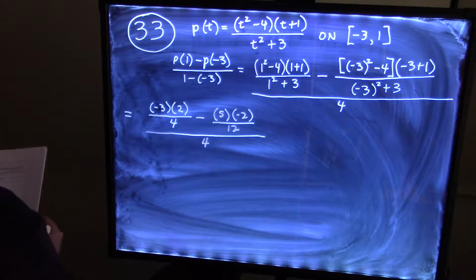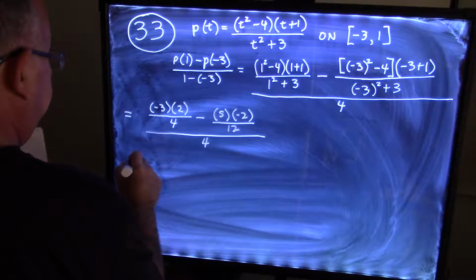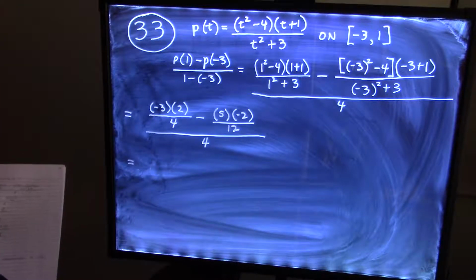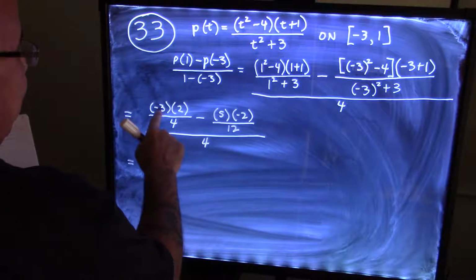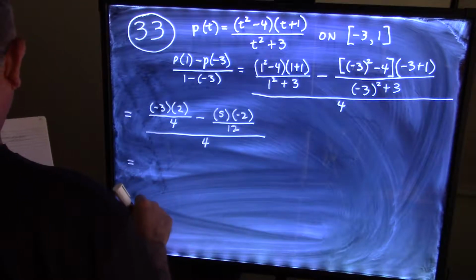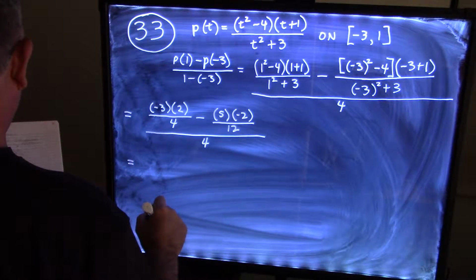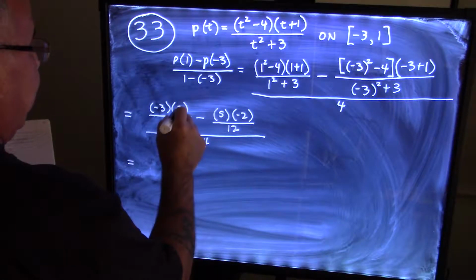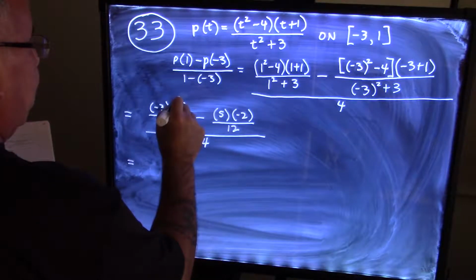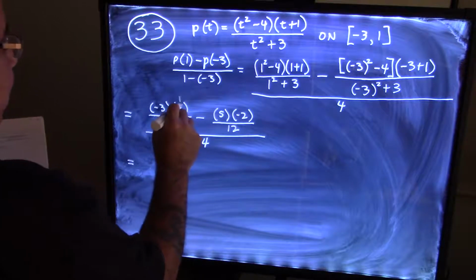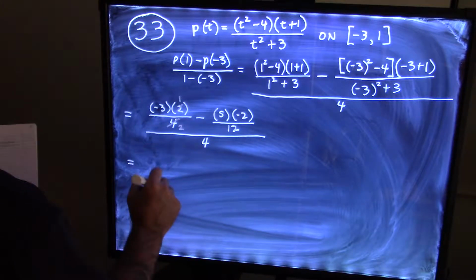Okay, so we got negative 3 times 2 is negative 6/4, so you got negative 6/4, or you could cancel here the 2 with the 4, so that becomes a 1 and a 2.